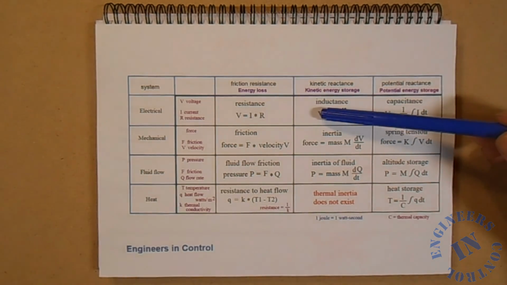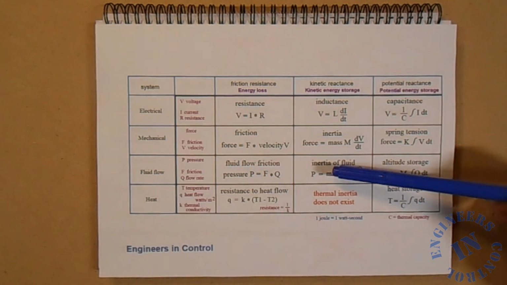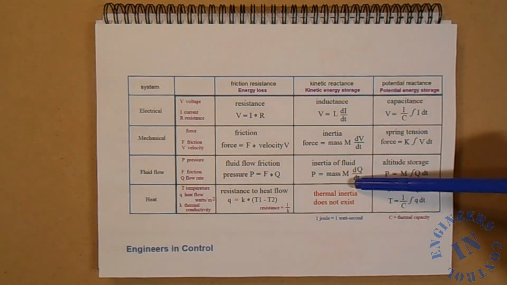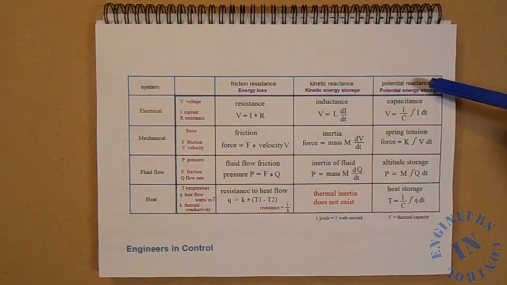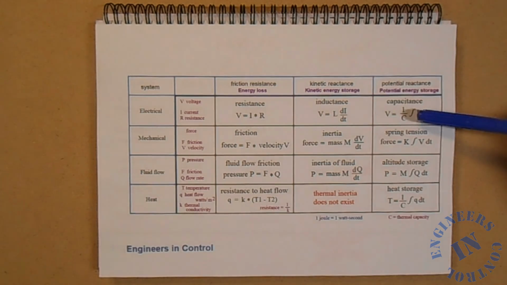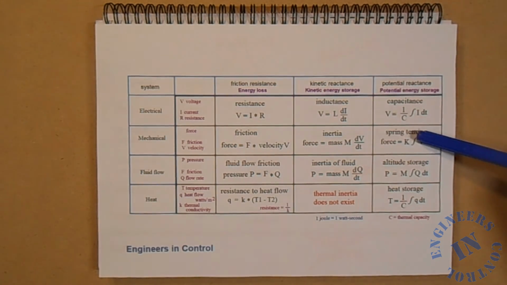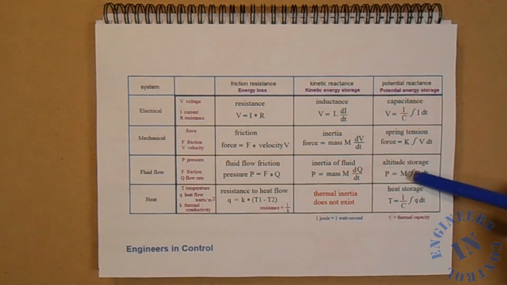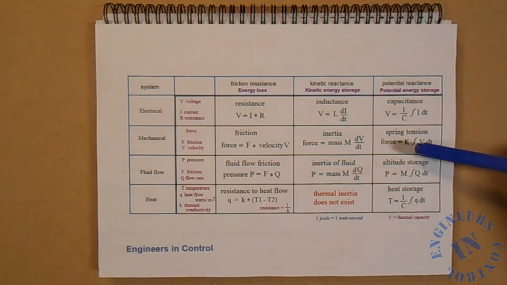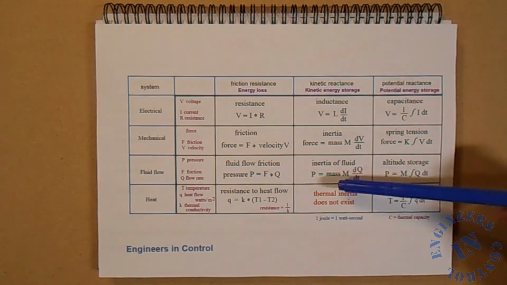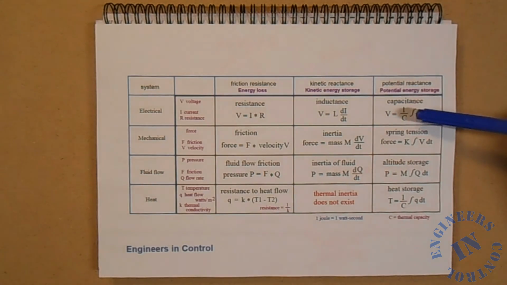So the driving force, voltage, force, pressure in a fluid are all derivatives. And the potential energy reactance is capacitance, spring tension, you have an integral, storage at altitude and heat storage, and these are all integral equations. Differential equations for kinetic energy, integral equations for potential energy.